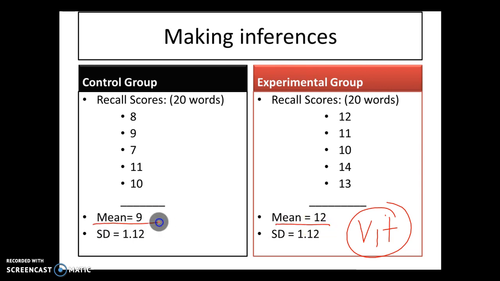Because over here we're seeing that this group, our experimental group, did actually remember more words, on average, than this group. So we want to make sure, what role did chance play? What role did our vitamin play? So that's really how I'd want us to contextualize what we're talking about when we're talking about statistical significance.